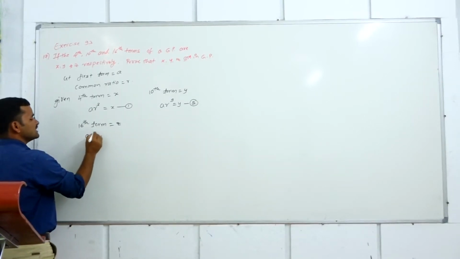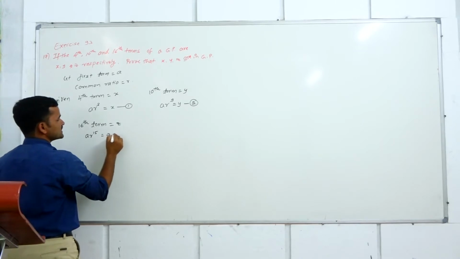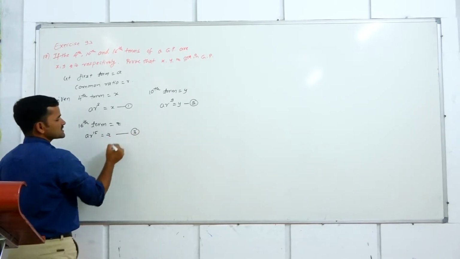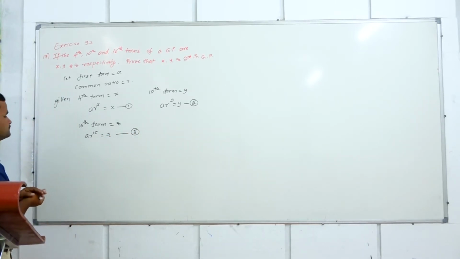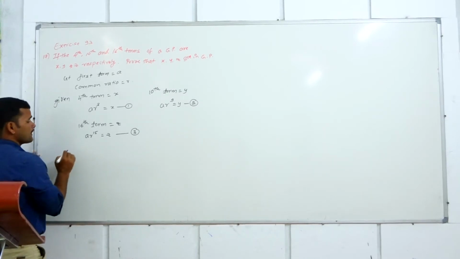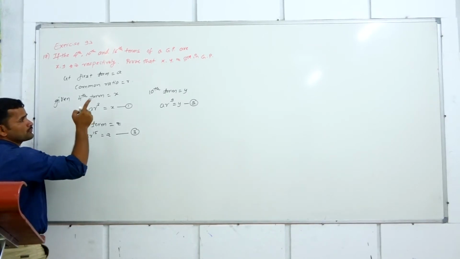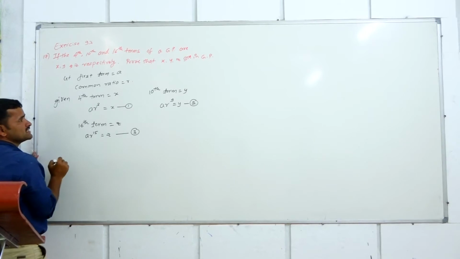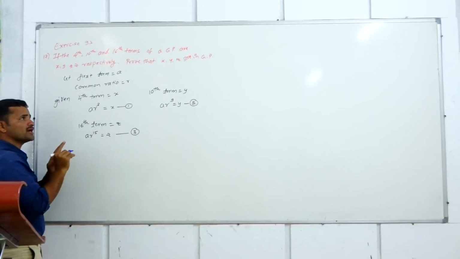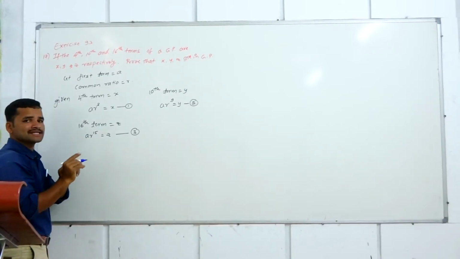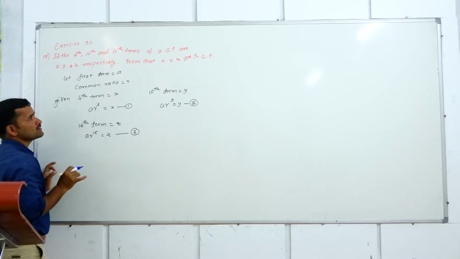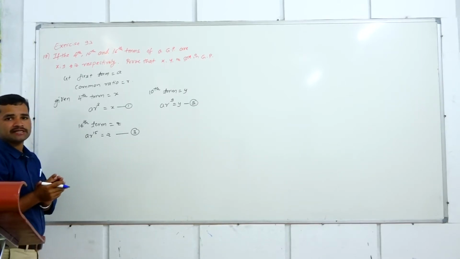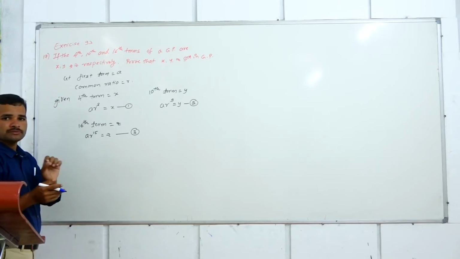It is a into r raised to 15, which is equal to z. Let me name this as equation 3. I will take the ratio to prove that x, y and z are in GP. I have to prove that y by x is equal to z by y. That's all, because according to the GP definition, the ratio should be the same.